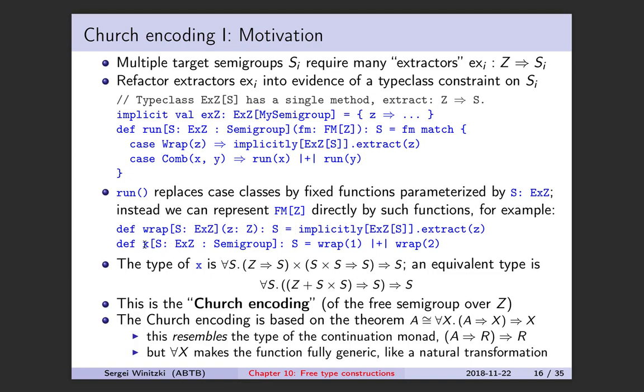And then suppose we want to define a value x of type free semigroup, which would be, say, a combination of wrapping 1 and wrapping 2. Instead of doing that, we just write down this. So note, these are values of the free semigroup.